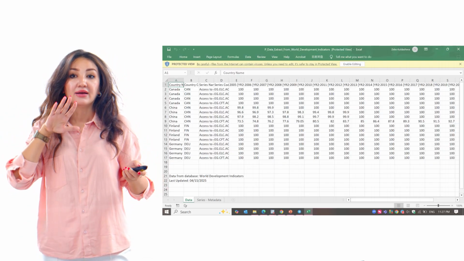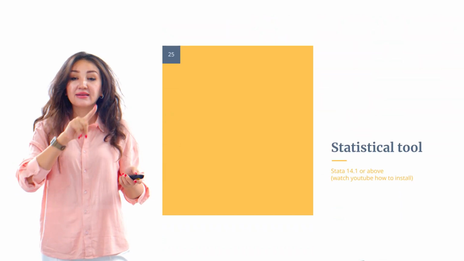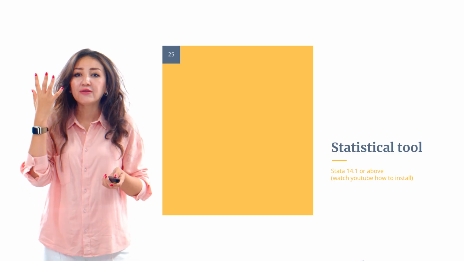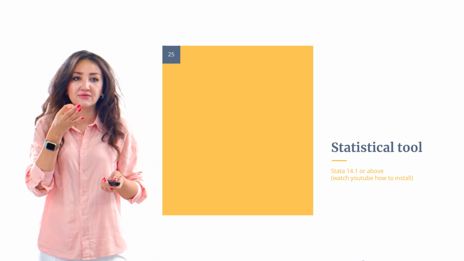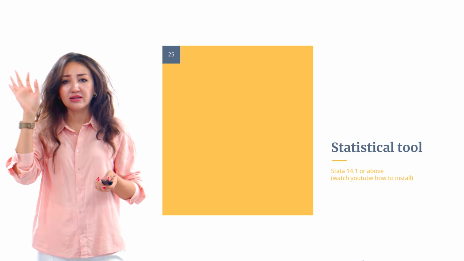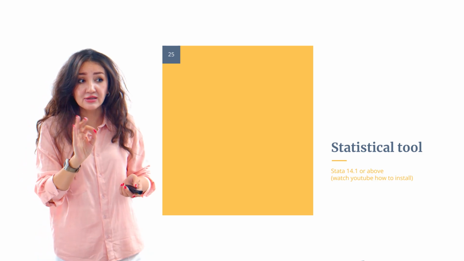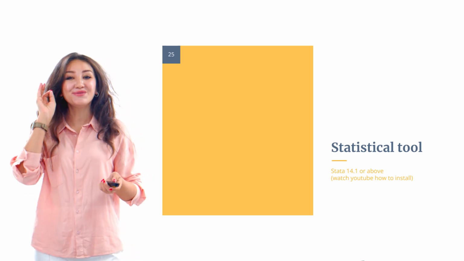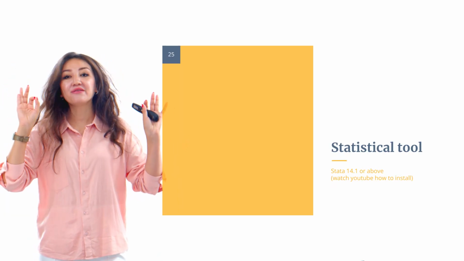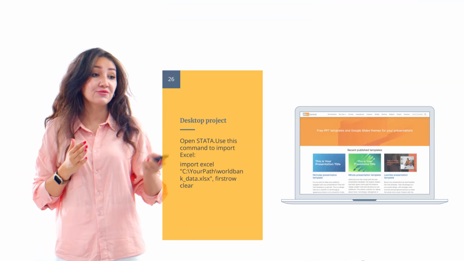Then we go to Stata. You can use any version of Stata, from 14 or above, 16, 17, 18, whatever you have. For downloading and installing, you can watch some YouTube videos for reference. How to download and install is very, very easy.